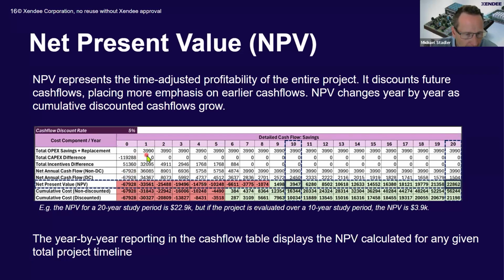So let's go now to year one. In year one, we do a similar thing. We have OpEx savings and replacements, 3,990 positive, add this to the total incentives of 32,095, and we get the net annual cash flow without any discounts of 36,085. We now discount the 36,085 to year 0, which gives us 34,367.